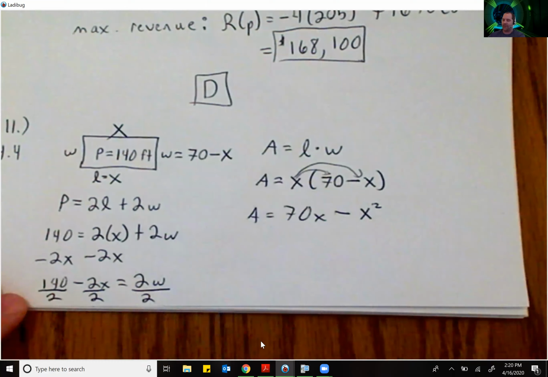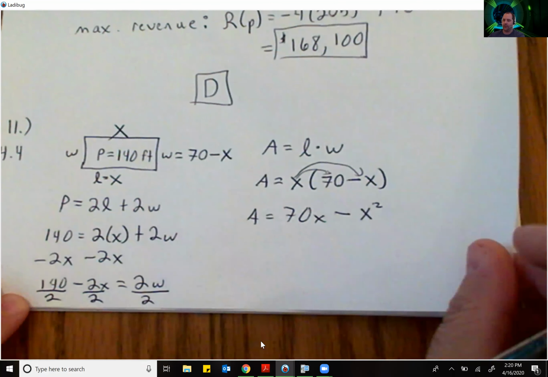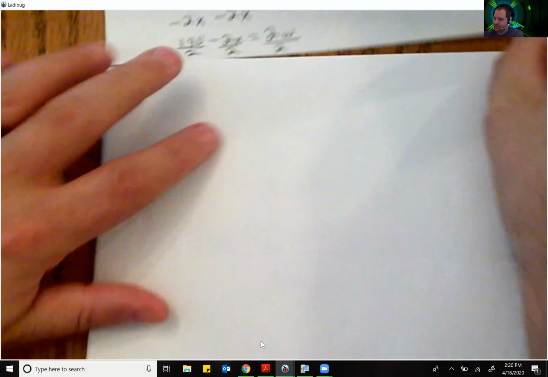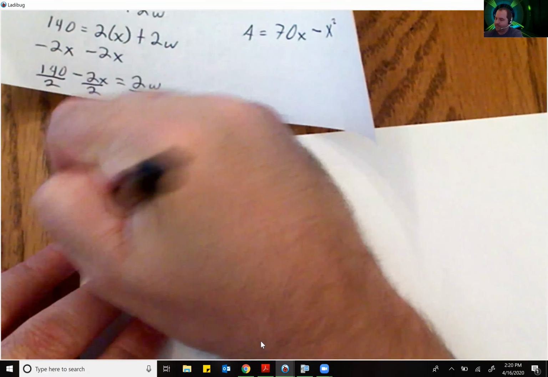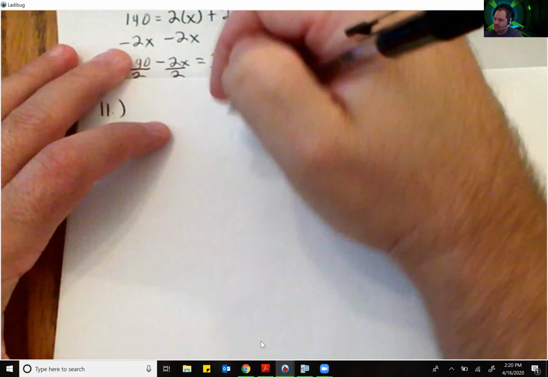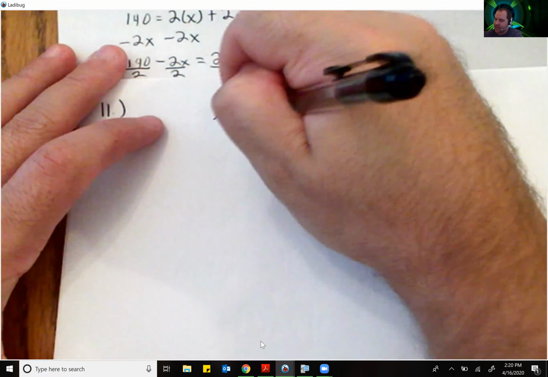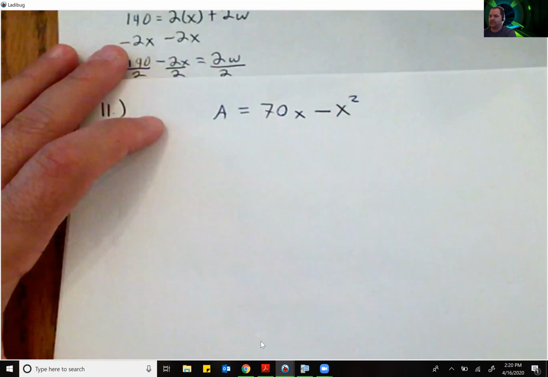All right, so now that we have our equation, we can find the max area. Our equation is A equal to 70x minus x squared. That was the equation we had there.